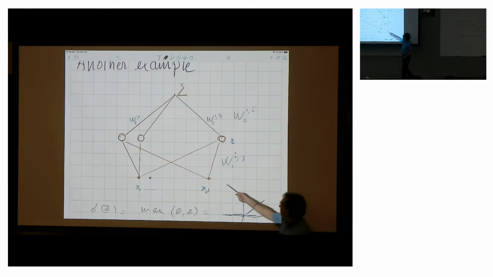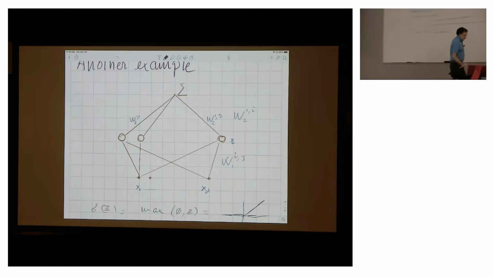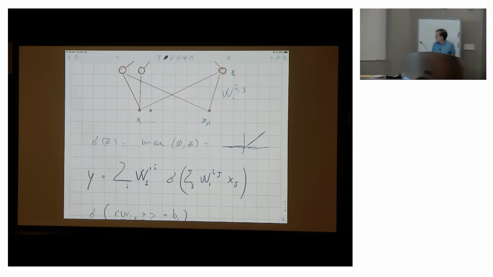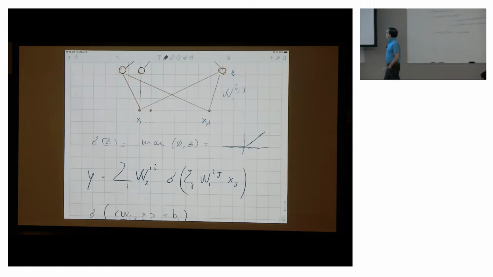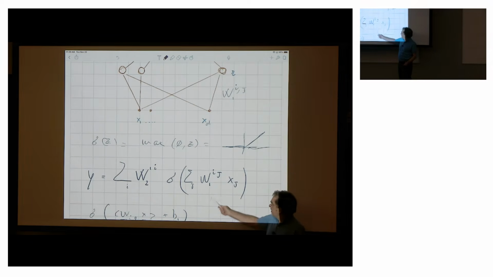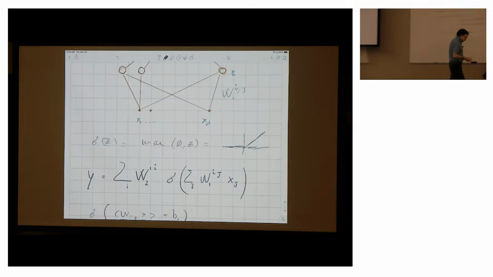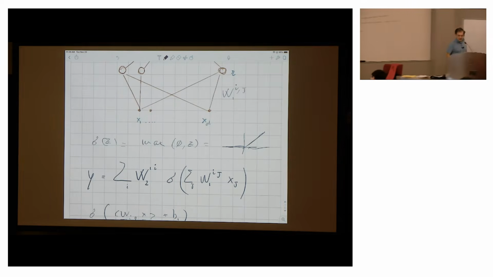And in this case, you have two sets of weights, two matrices, W1 and W2, and the graph represents this equation where each unit is combining the weighted inputs and applying this activation function, and then it's adding a weighted version of the output of the units.